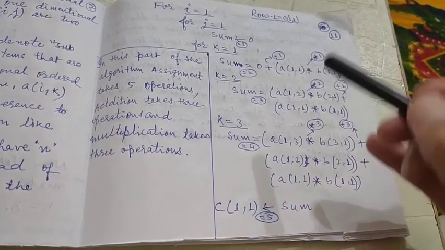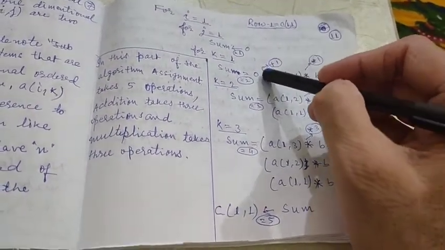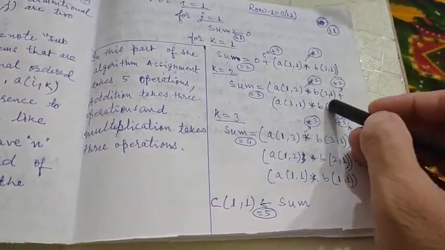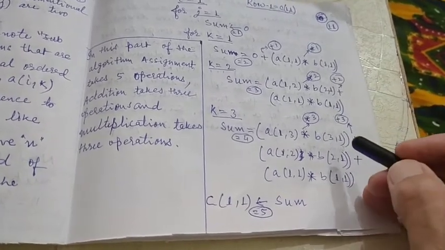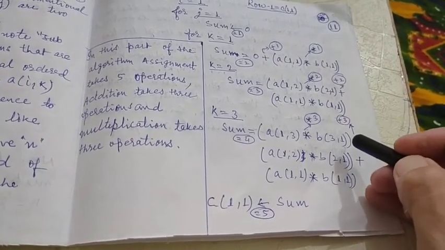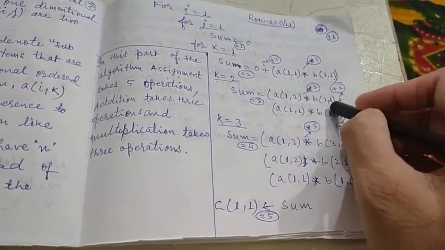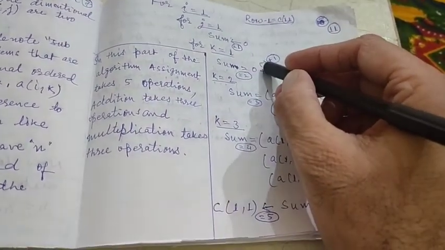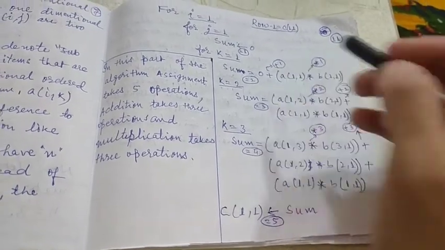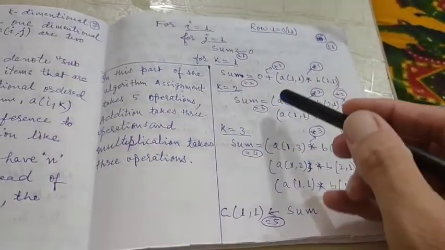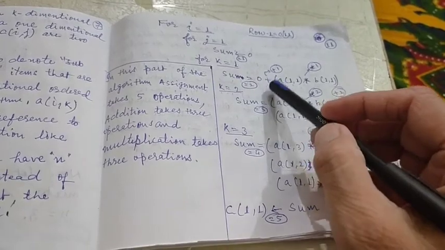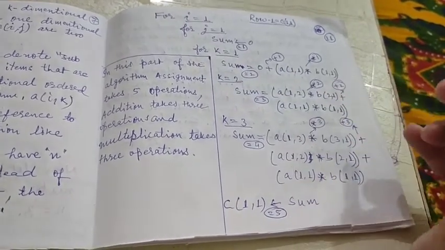Same way, 1 addition, 2 addition, 3 addition. So 3 additions means 1, 2, 3. So 9 rows means 9 into 3 is 27.